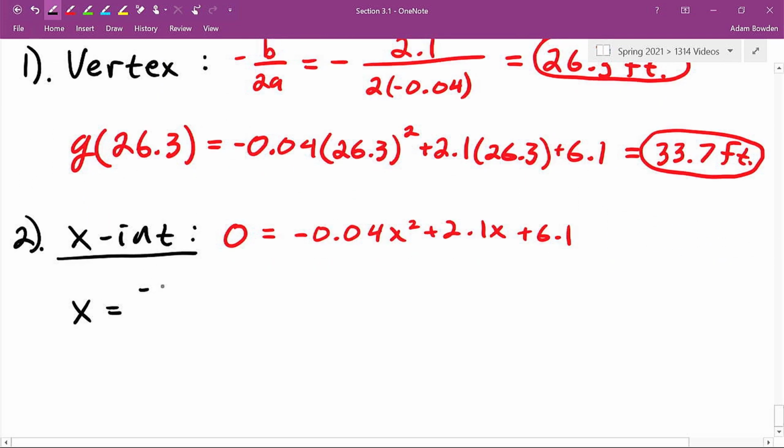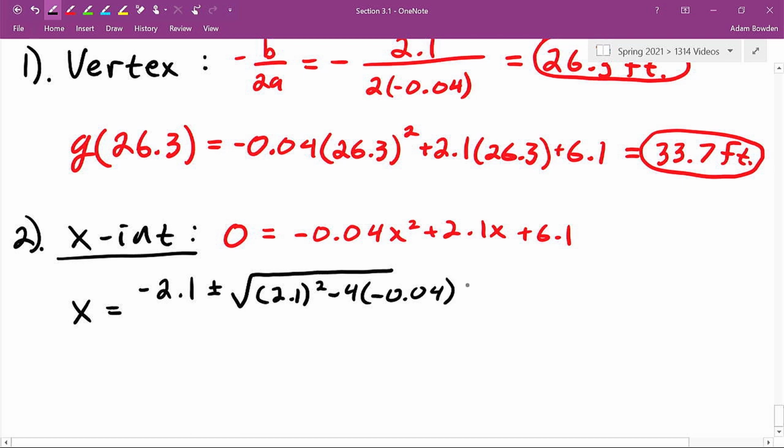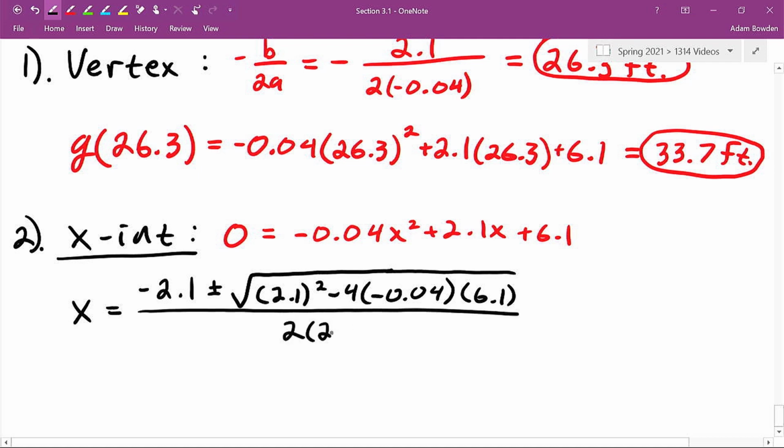When I set up the quadratic formula, it would look like negative 2.1 plus or minus the square root of 2.1 squared minus 4 times negative 0.04 times 6.1, all over 2 times the a value, which here is negative 0.04.